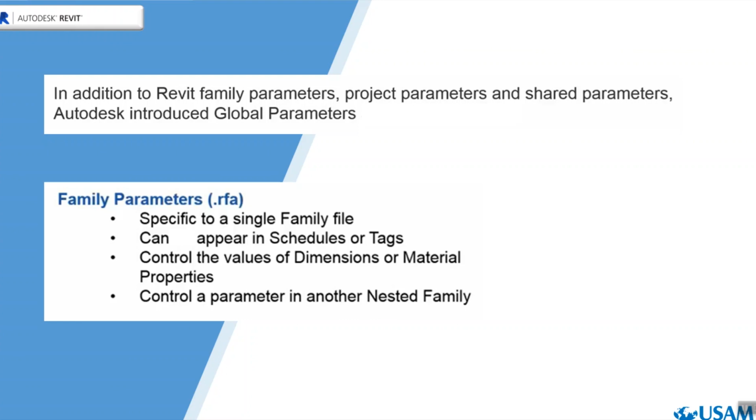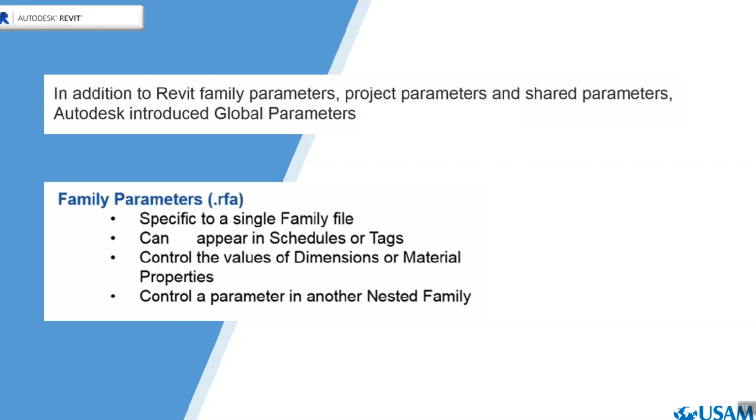But if I want to add a parameter controlling components from outside the component, such as adjusting the dimension between two components, fixing a dimension between a few components, controlling the distance between walls or between a door and a wall, then you can create these kinds of parameters as global parameters.